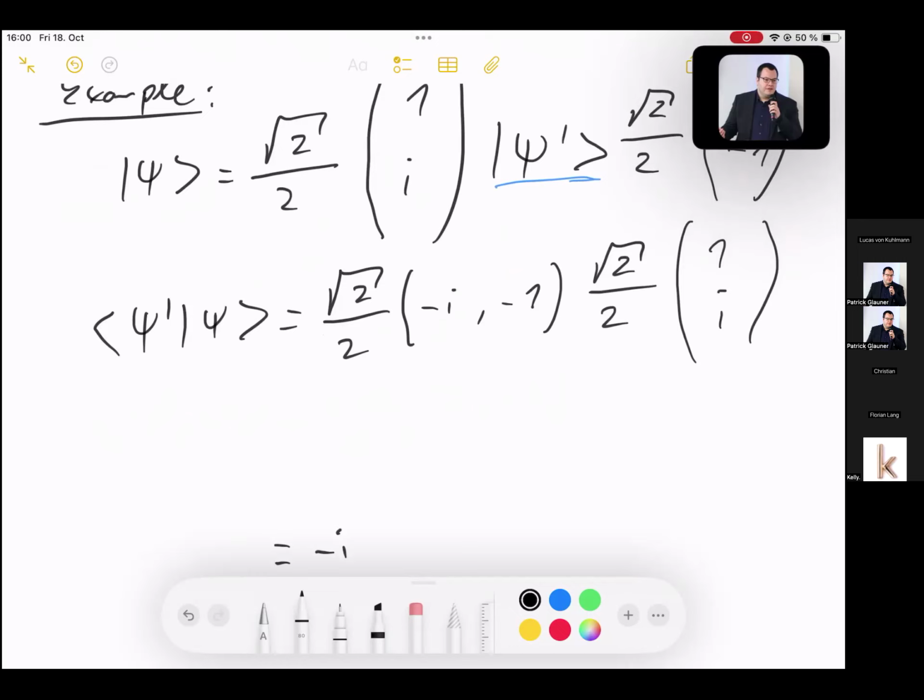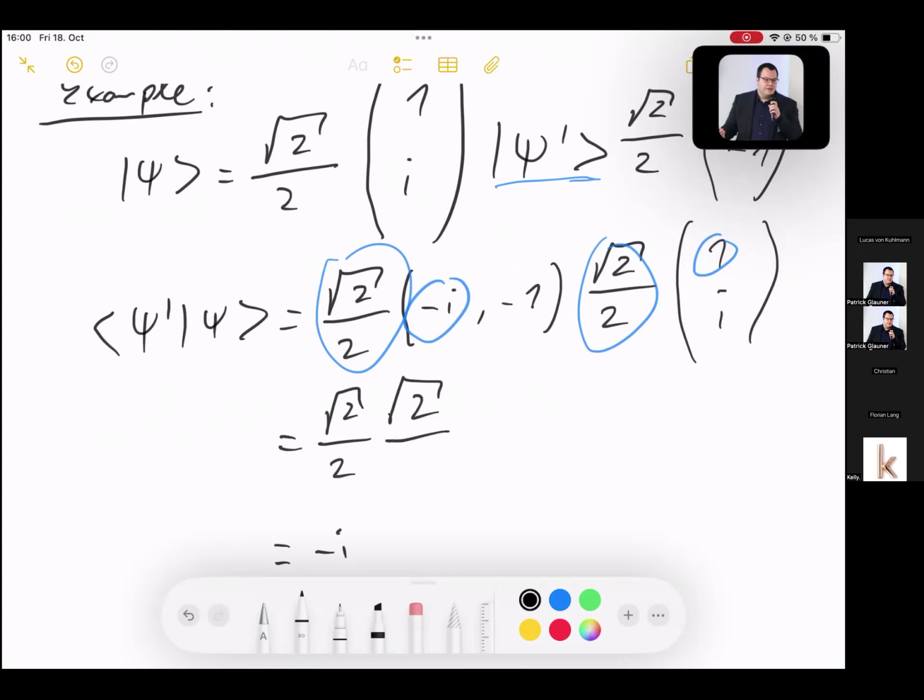So what we have here is the minus I times 1, plus we have these factors, square root of 2 divided by 2. I just moved these constant factors in front.